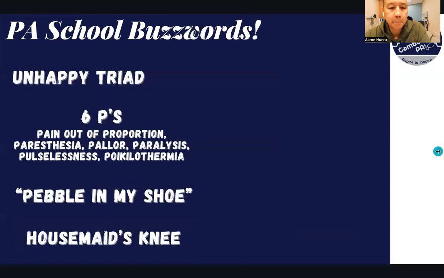All right, so these are a few more, also related to ortho. So the unhappy triad, obviously there's 3 components to it. In PA school and in medicine, there's going to be a lot of triads, pentads, and things that happen in multiple, not even just conditions, sometimes just symptoms as well.